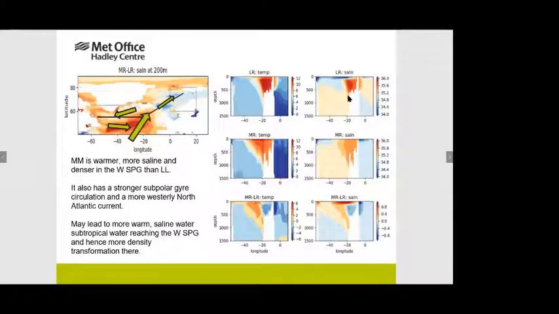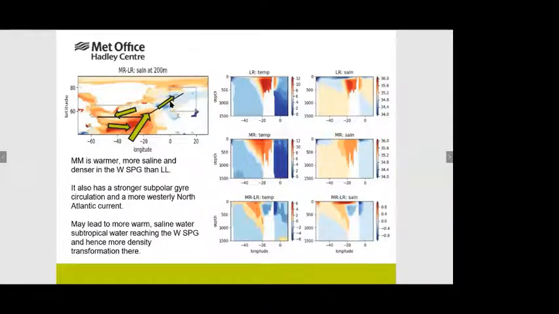These figures here are showing this North Atlantic Current, this warm salty water coming northwards. You can see it's more westerly in position in the medium resolution than in the lower resolution. And also, what we haven't shown here is that the medium resolution has a stronger subpolar gyre, and it has less transport into the Nordic seas.